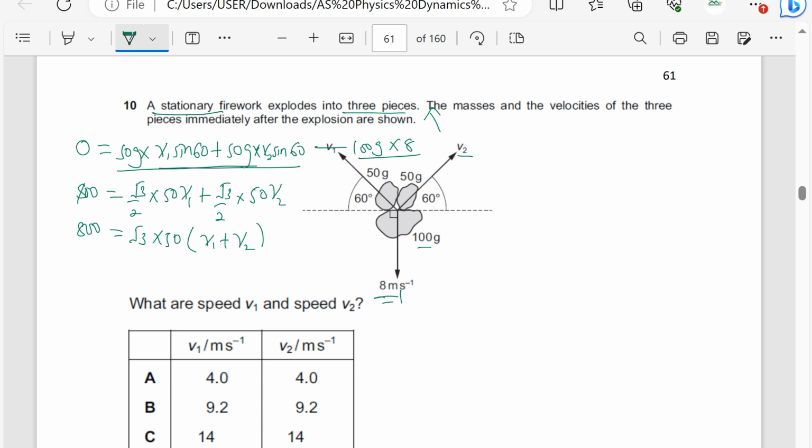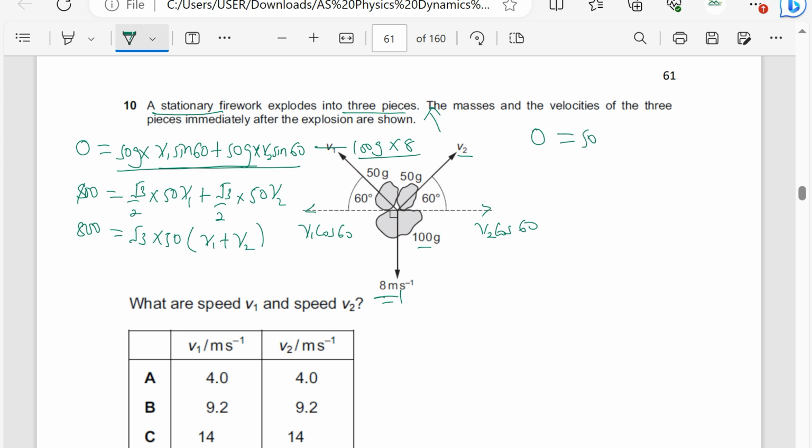Oh, I can even do in the vertical. This was horizontal. In the vertical, initial momentum in the vertical was 0. So this will be to the right. The other one will be to the left. To the right is v1 cos 60. To the right is v2 cos 60. So total momentum in the horizontal, initial is 0 in the horizontal.